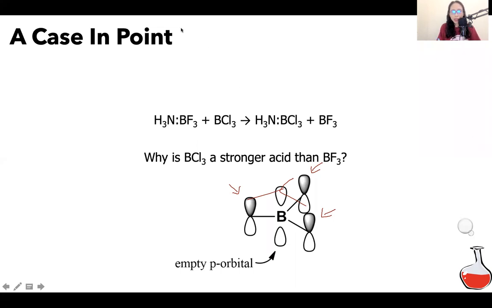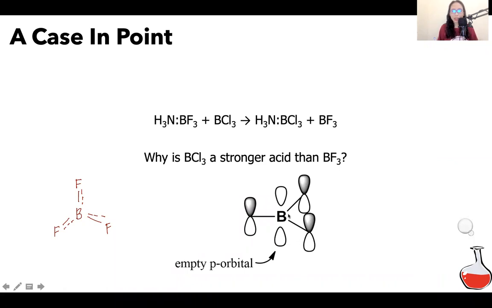And this actually creates a resonance structure for BF3. So the bonds there have a double bond character, and so they're not purely single bonds. And again, it's because of the delocalization of the electrons from the 2p orbitals of your fluorine atoms, thus making the central boron atom less electron deficient.